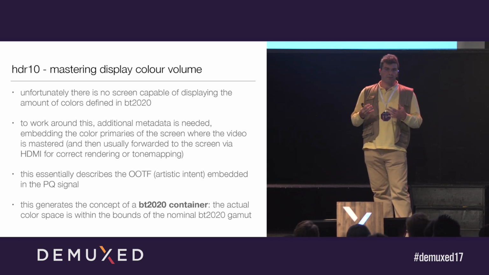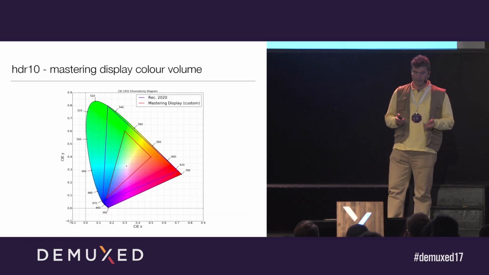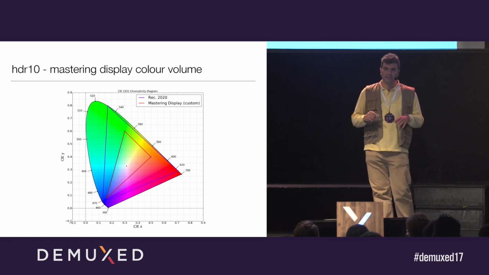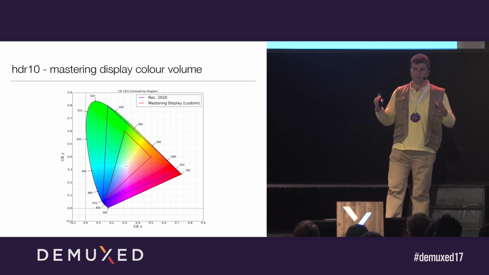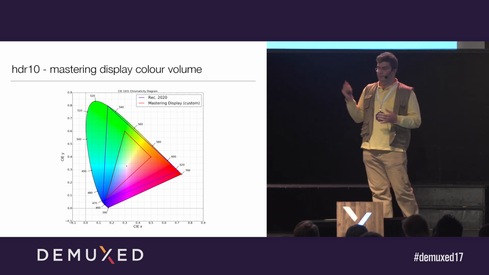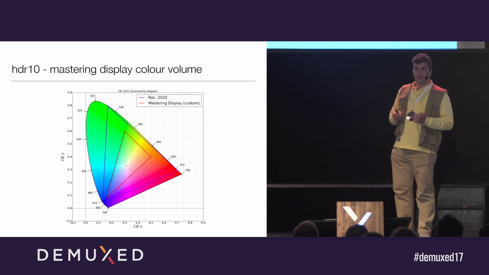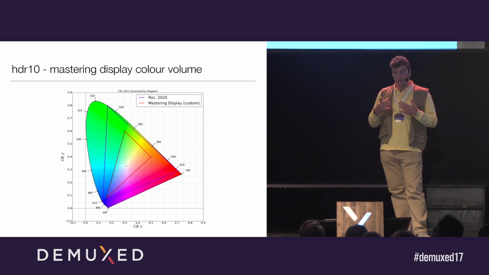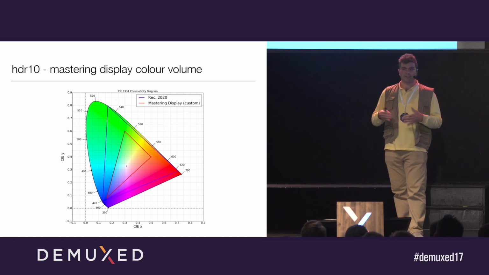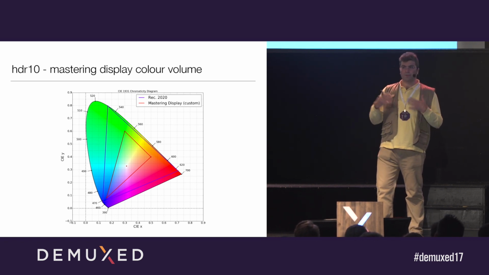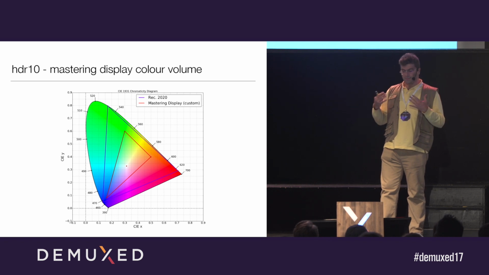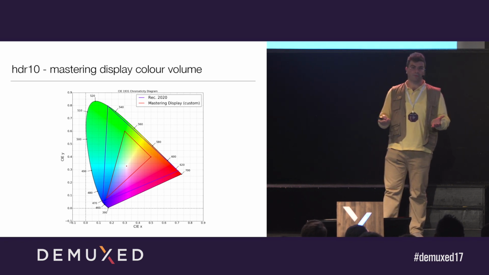This creates what's called a BT.2020 container, in the sense that BT.2020 is the nominal color range, and the mastering display, in this case a custom one that I made up, is contained within it. Both of these pieces of information are sent to the rendering engine, which will tone map any color that it is not capable of reproducing.